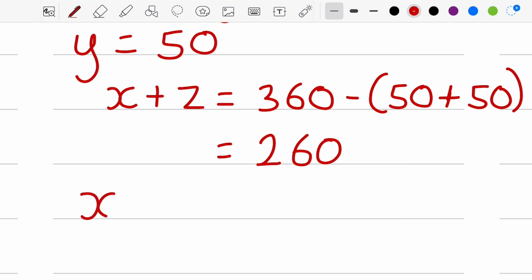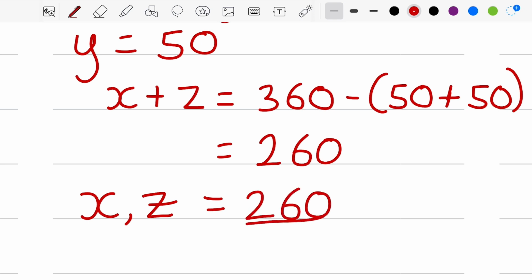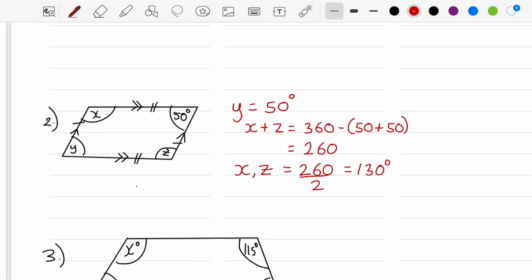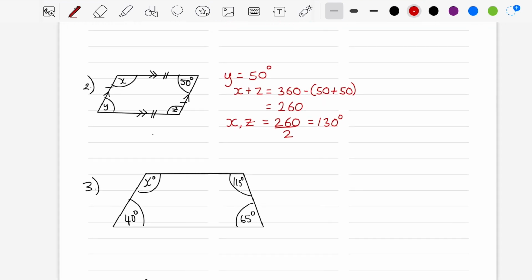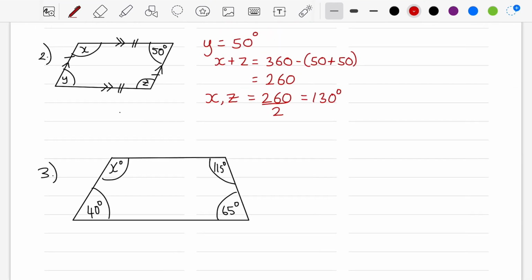So x or z would be equal to 260 divided by 2, which is 130 degrees. Right, so number 2 is 130 degrees.